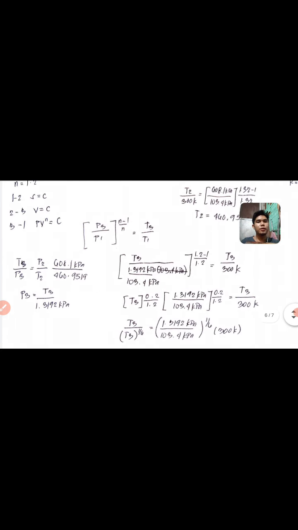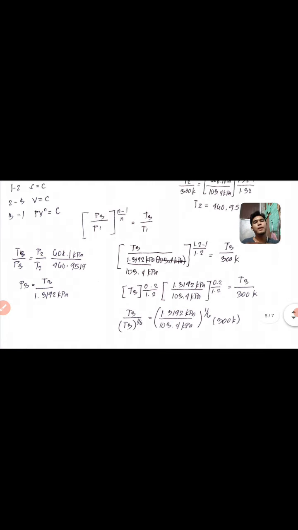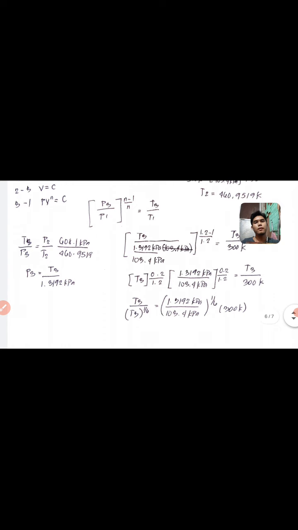So here, let's solve for the value of T3. From the formula of P3 over P1 raised to n minus 1 over n is equal to T3 over T1. Since we don't have the value for our P3, let's just solve for our P3 now. From the relation of T3 over P3 is equal to T2 over P2, cross multiplying it, P3 is equal to T3 over 1.3192 kilopascal.